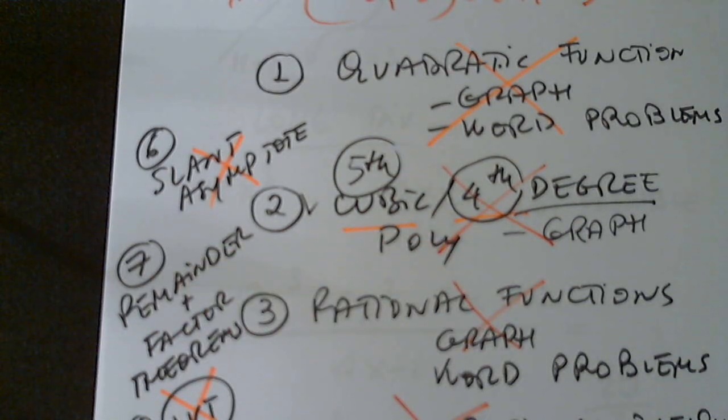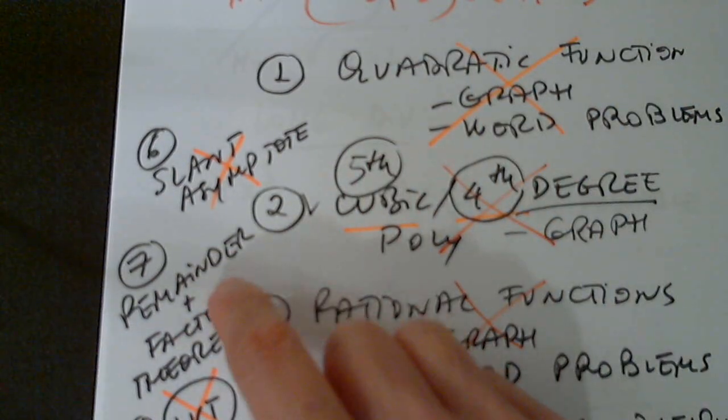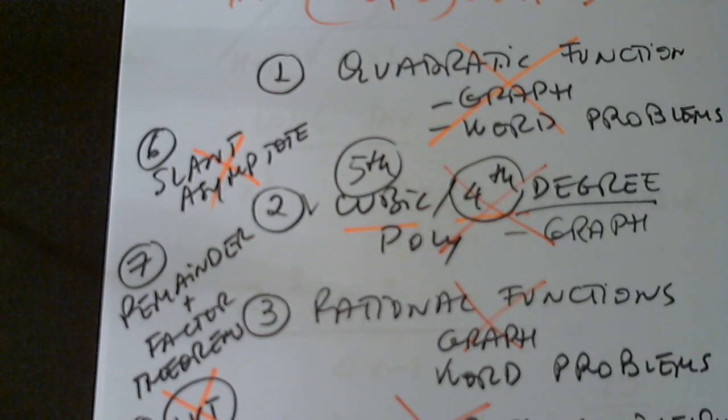So the only thing that is a remainder here is the remainder and the factor theorem. They are in 3.3 in dividing polynomials, and they are on page 395. There is really nothing else to look at.